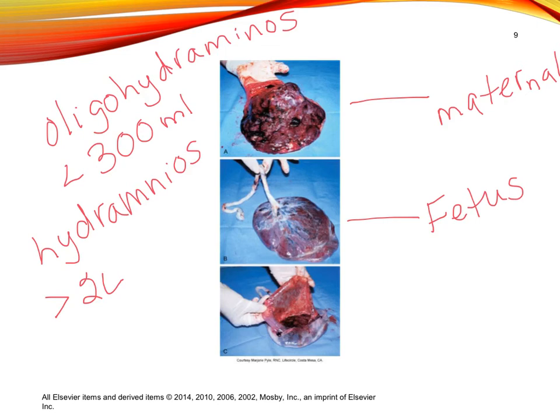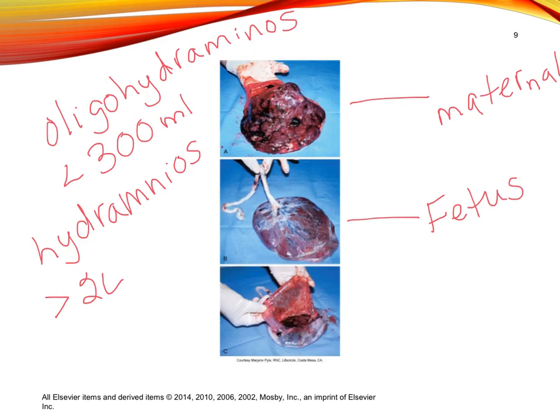It's also important for maintaining body temperature. This is also waste elimination. It's important for respiratory status. It's also where electrolytes are maintained for the baby. So the amniotic fluid is a very important key, along with the placenta, for housing and protecting the baby.